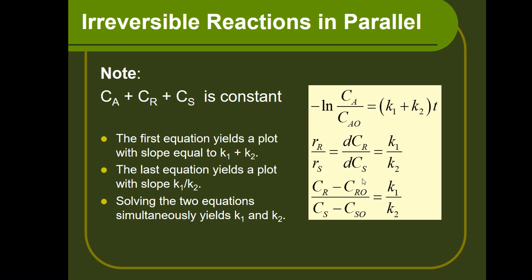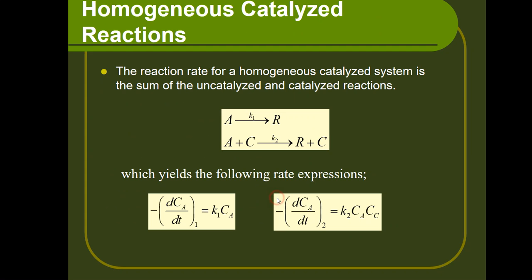Of course, you have to know the initial values of the concentrations of A, R, and S. The rest here are explanations as to if the equations are presented in terms of a line. In the case of homogeneous catalyzed reactions, so speaking of homogeneous catalyzed reactions, then it's homogeneous catalysis.